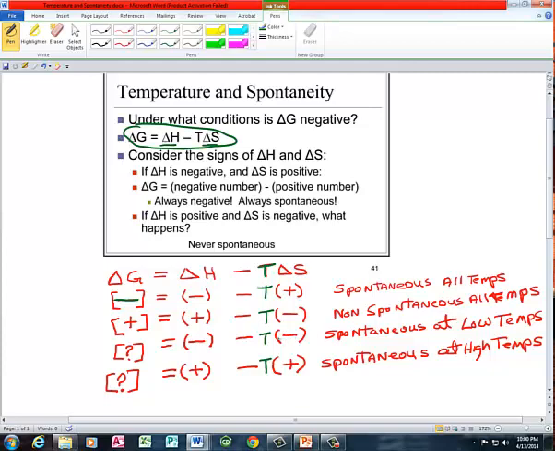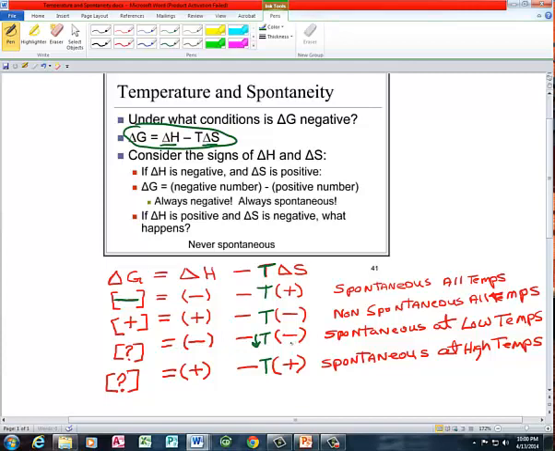So what we want to do is minimize this unfavorable negative value for delta S by minimizing the temperature, by having the temperature be as low as it possibly can, relatively speaking. So if the temperature is low enough, the negative delta S will be overpowered by the exothermic change in enthalpy. So the reaction will be spontaneous at low temperatures if we have a negative delta H and a negative delta S.